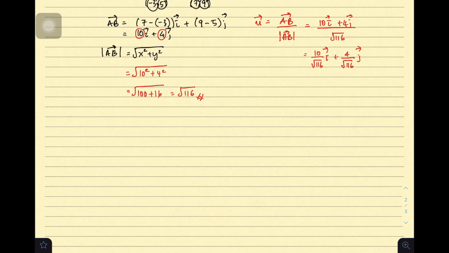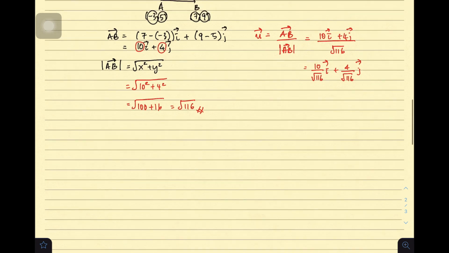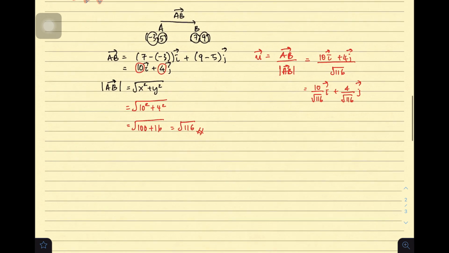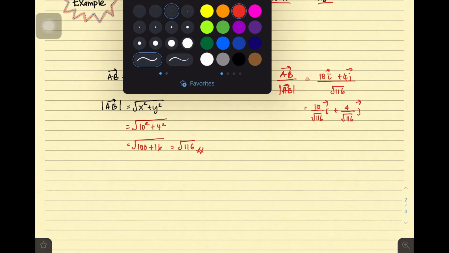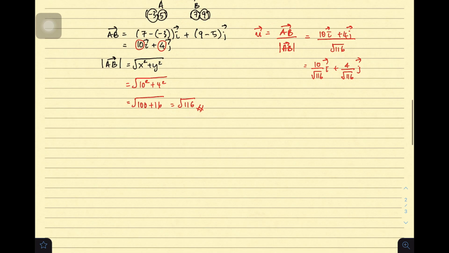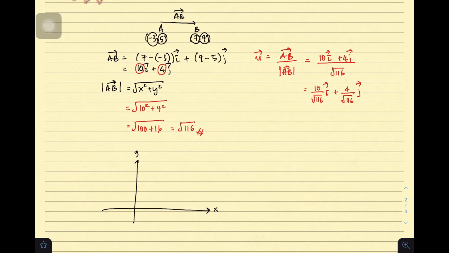And then you have also been asked to find the angle between the vector AB and the x-axis. So let's draw where our vector AB is. We have the axes x and y here, and since your vector AB has positive x and positive y, it is somewhere here.